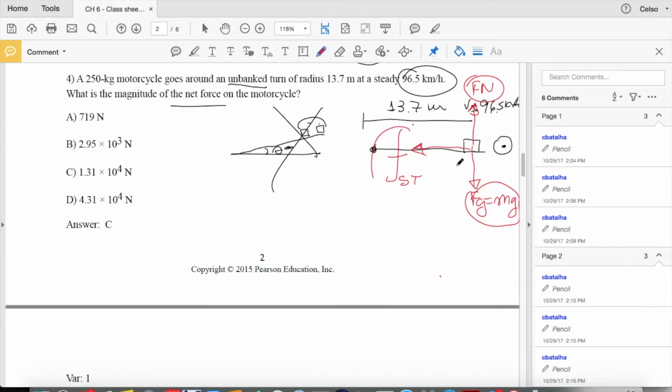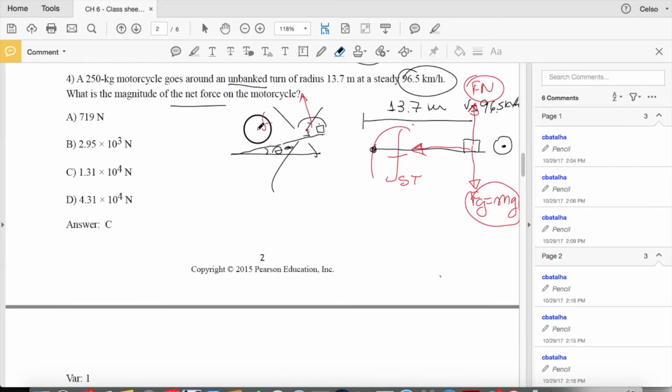Unless the curve is banked. Then you have a normal force too. If the curve is banked, you have a complicated issue here. You have a normal force going that way. Sorry, it's not right.